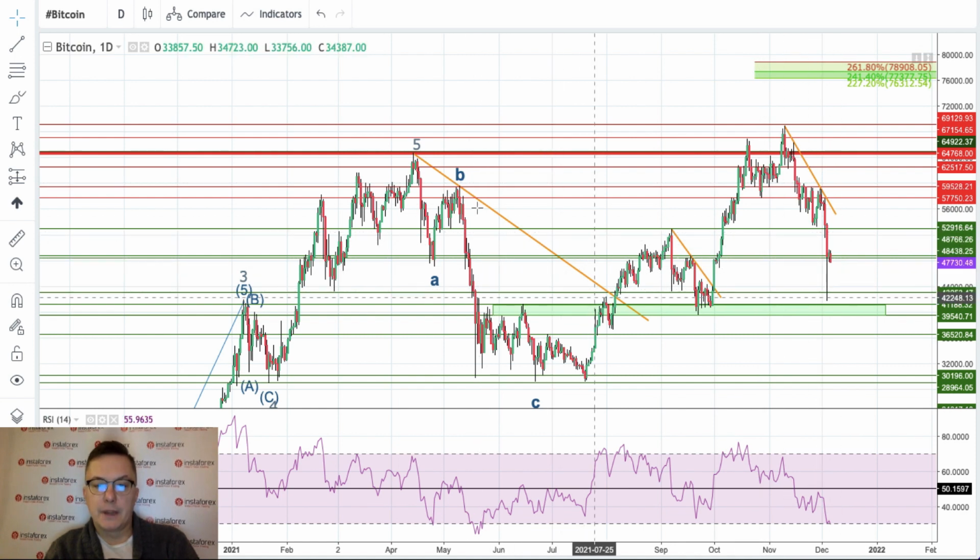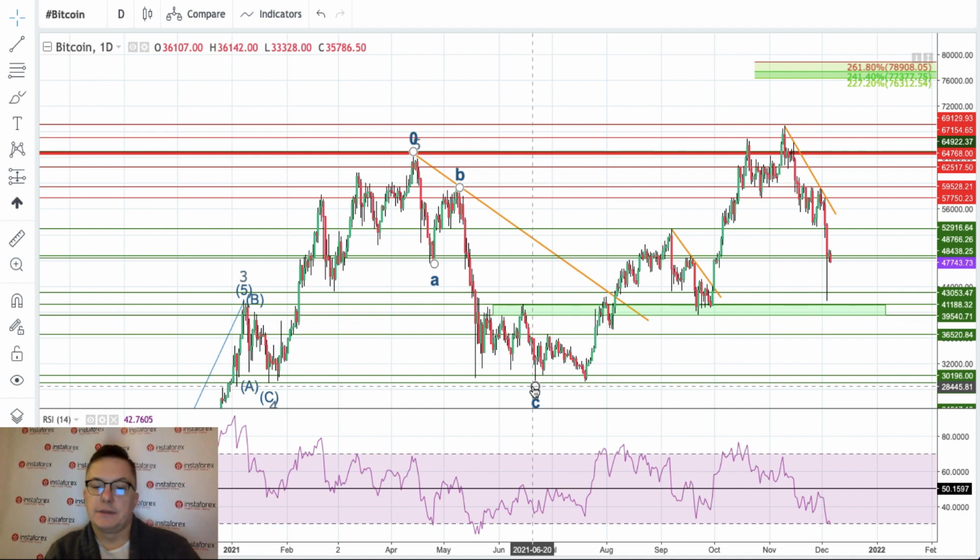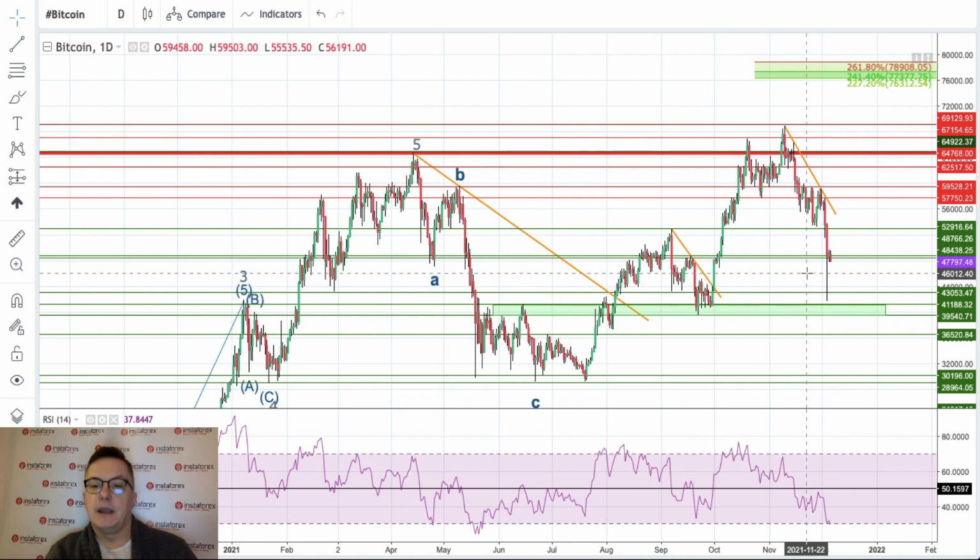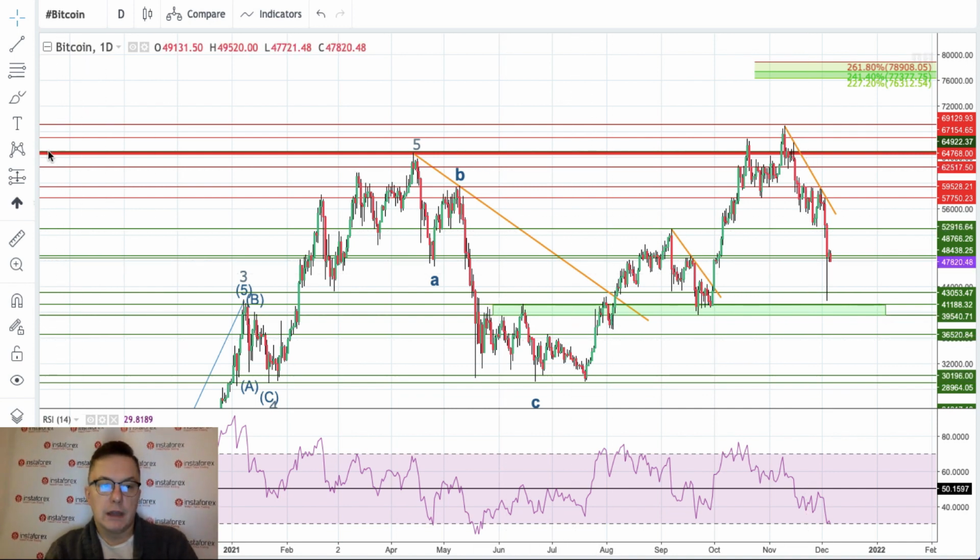corrective bounce. Why? Because if we take a look from this low here, low of the wave C, this looks like a 5-wave structure with extended wave 5, which means the correction might be very deep. So if we look at this structure here, let me put it on the chart.